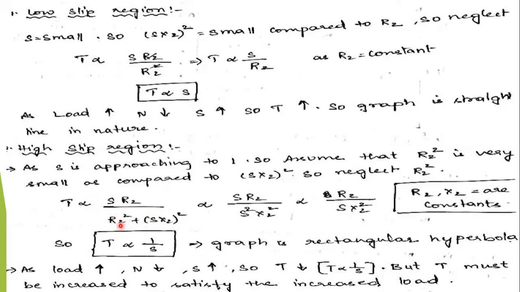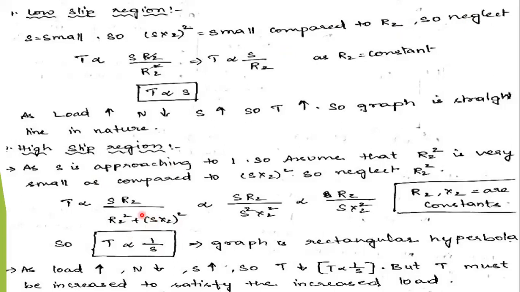At low slip, at S equal to 0, this term is completely 0, so I can neglect it compared to R2 square. That's why I neglect it in the low slip region. When coming to the high slip region, this S will be increasing.